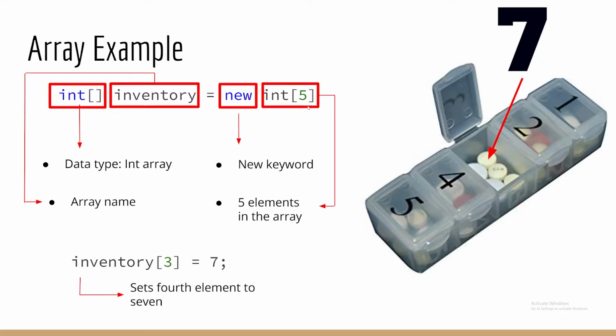And remember that it starts at 0. So if you want to set something to the 4th element of the array, you would actually need to set it to the 3rd element of the array.